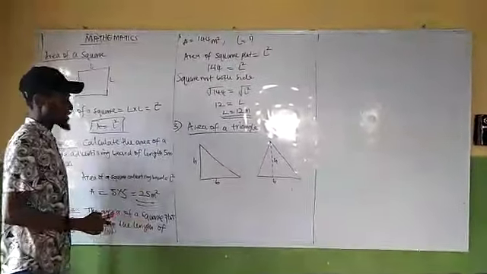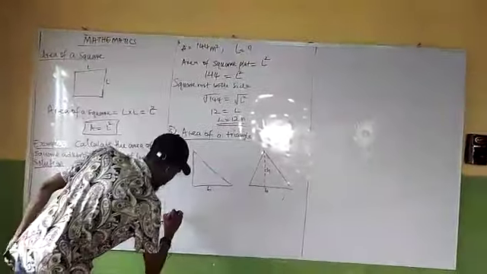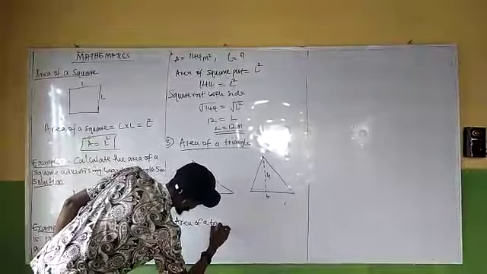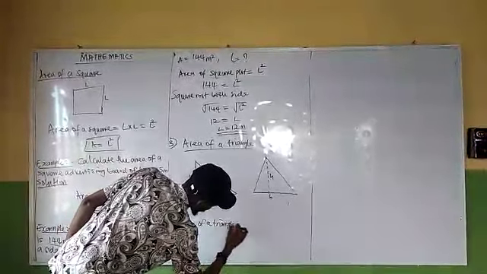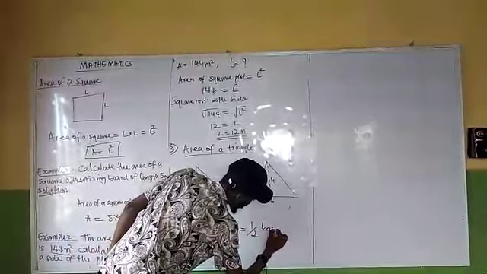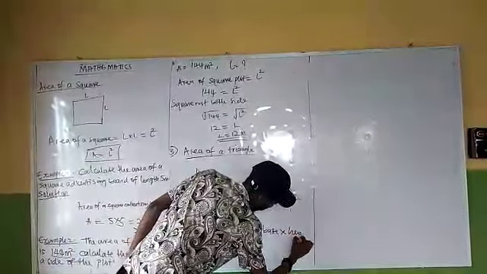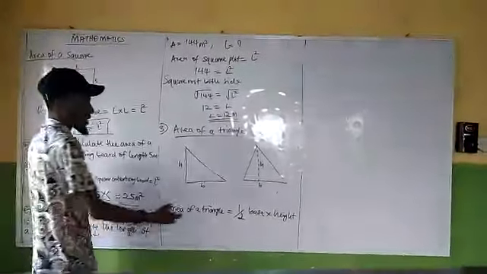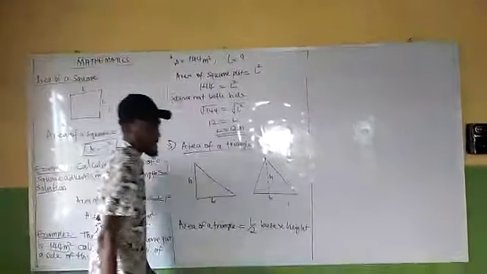Hence the area of a triangle is equal to half base times height. So the formula for calculating the area of a triangle is half base times height.